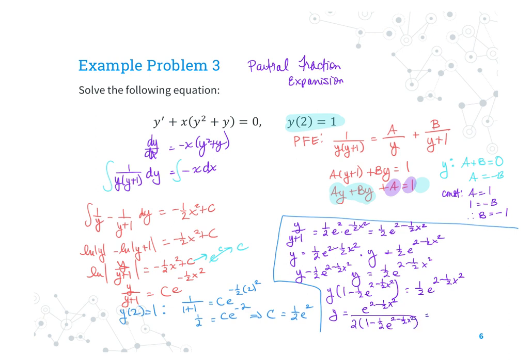So if you distribute that 2, you can simplify this y just a little bit more to e to the 2 minus 1/2 x squared over 2 minus e to the 2 minus 1/2 x squared. So that would be our explicit solution.